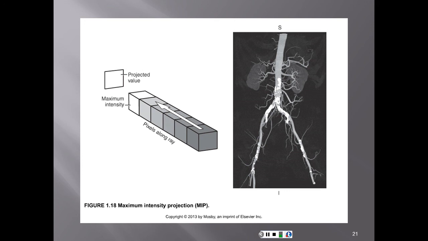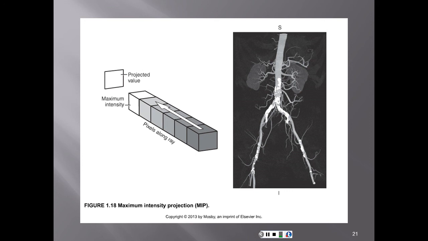Well, what a maximum intensity projection does is, on that one particular stack of voxels in that digital cube, it is going to display the voxel with the greatest intensity. All the other voxels on that specific ray will not be depicted on the screen. So a maximum intensity projection only uses approximately 10% of the information because the rest of it is disregarded.